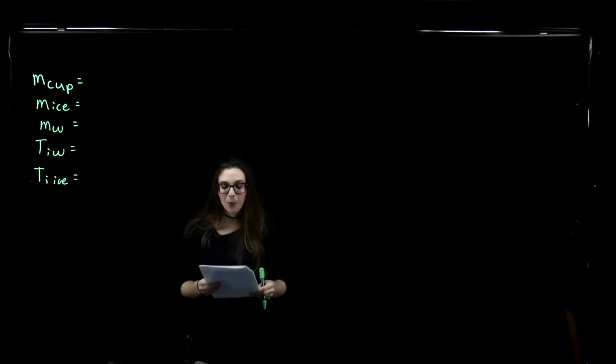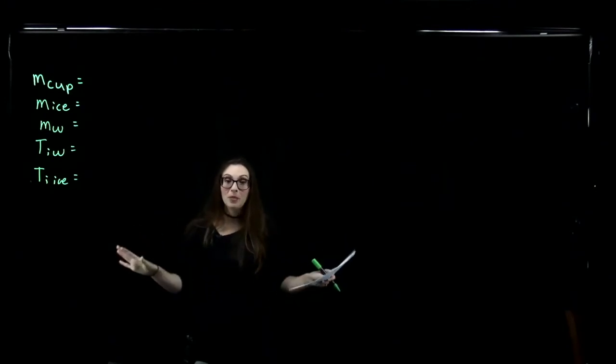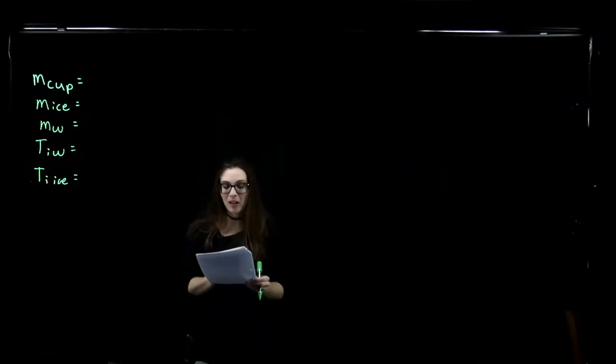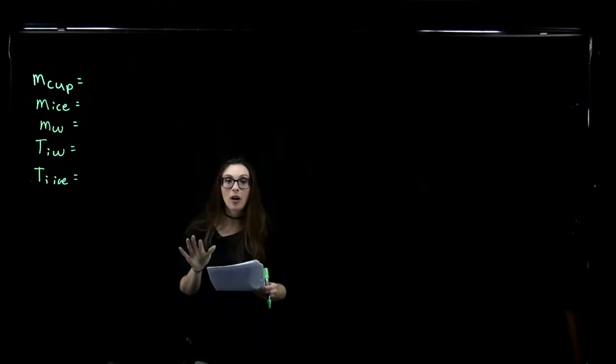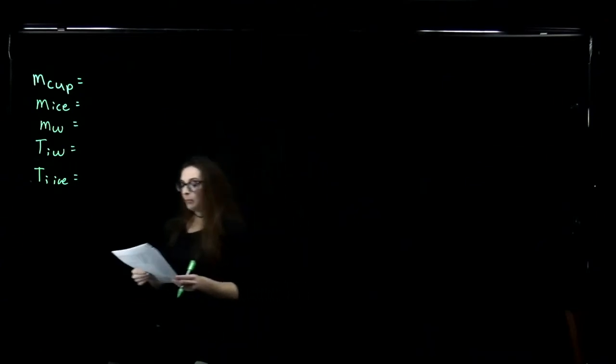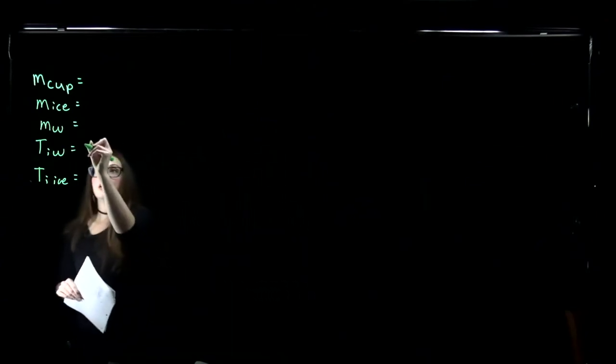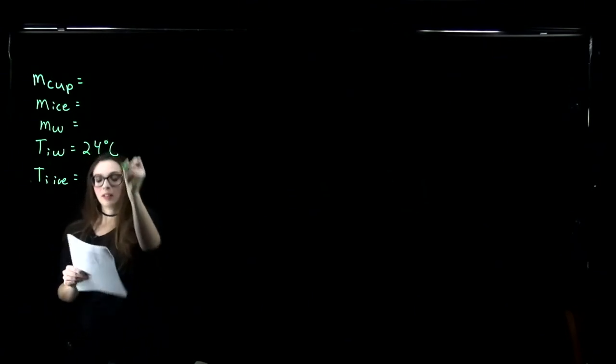Okay, so we have an aluminum cup with water inside it, and they are sitting at room temperature and equilibrium. The aluminum cup and the water initially are both at a temperature of 24 degrees Celsius.